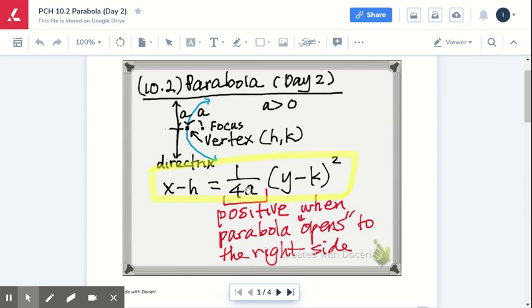Remember, a is always positive, and in this case the coefficient of y squared stays positive because the parabola opens to the right. So this is the equation for the right opening parabola.